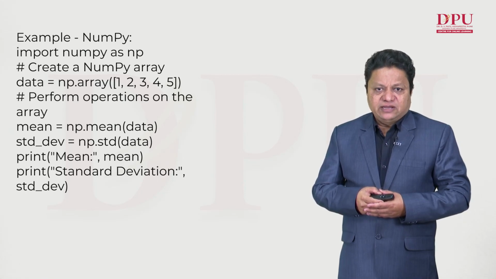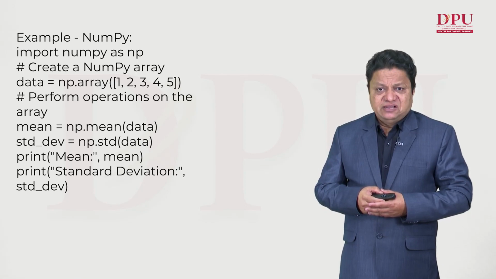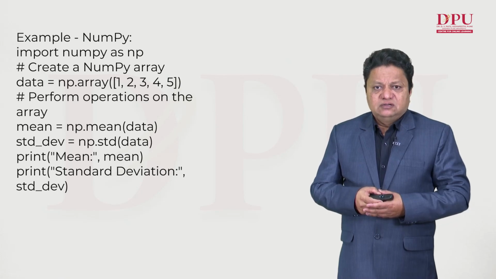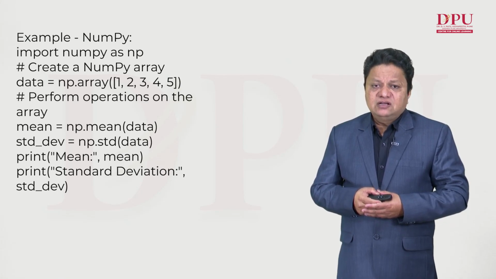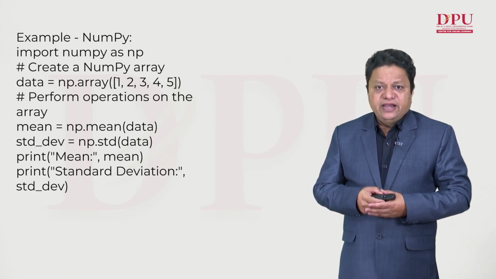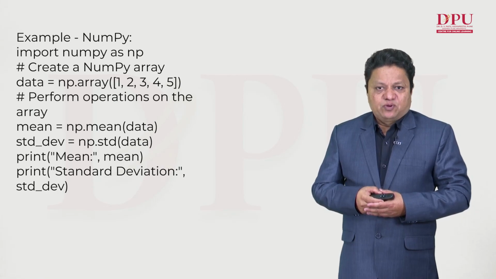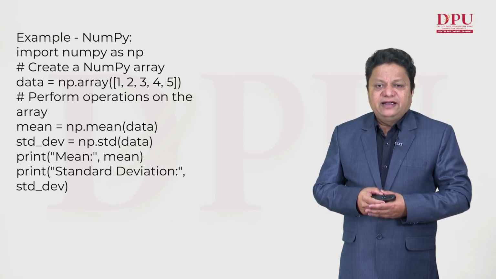So, np.array in a rounded bracket, in a square bracket I am specifying the list of items, separating each with a comma and ended with the appropriate square bracket and rounded bracket. So, this will create a one dimensional array.